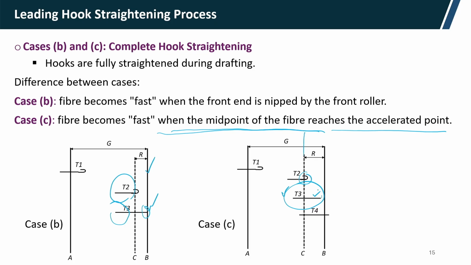So at T3 the fiber starts moving at the front roller speed, and similarly at T4. From T3 it will start moving at the front roller speed, but here at T2 it is not moving, although the straightening takes place.